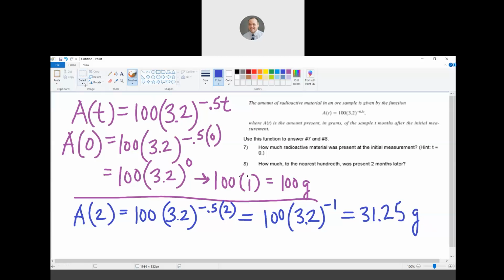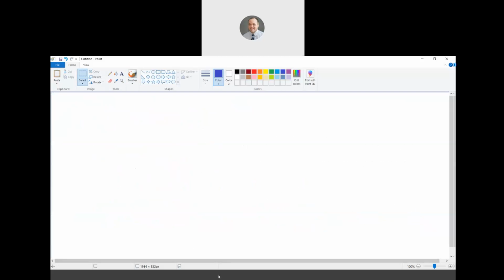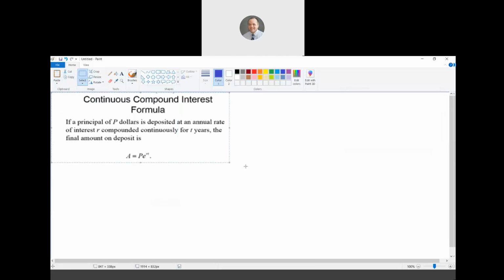Let's go over another application problem. And this is one I'm probably sure that you are familiar with. But first, let me introduce or maybe reintroduce our two formulas. So give me just a second to copy and paste both of these.